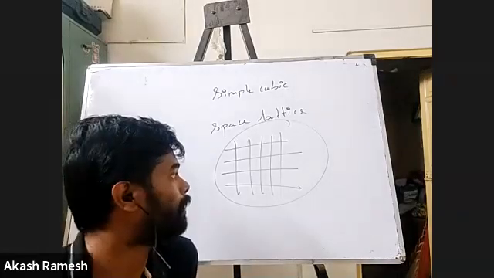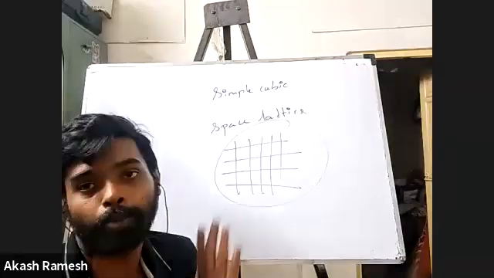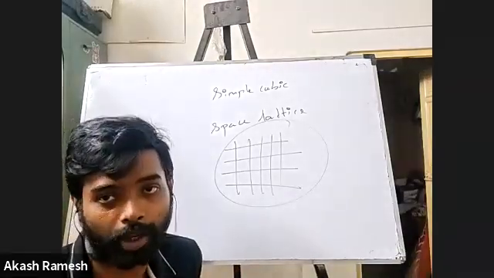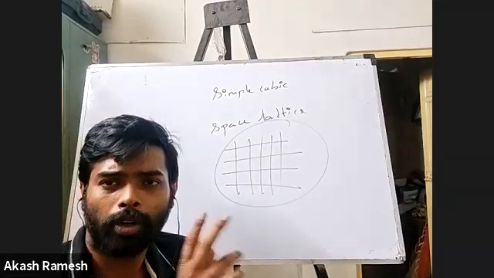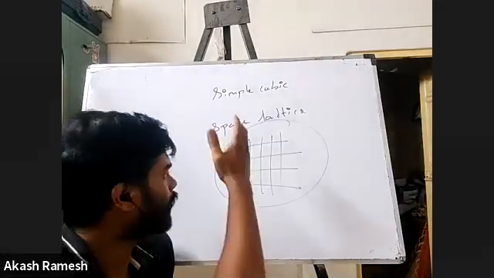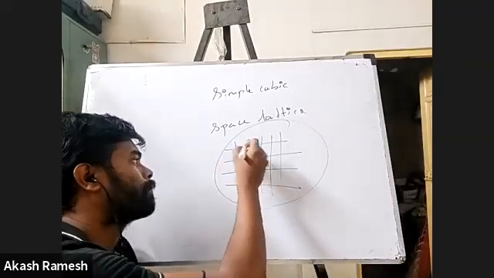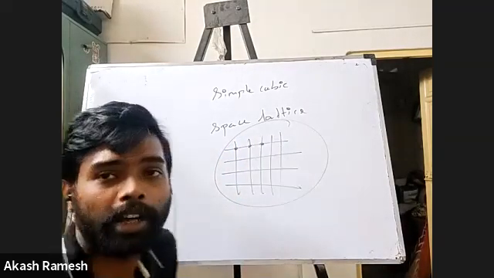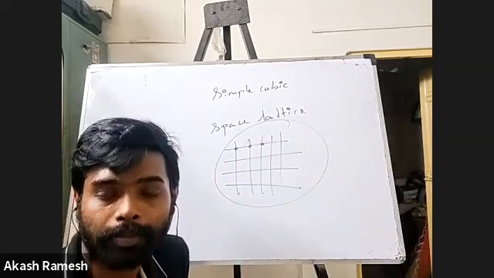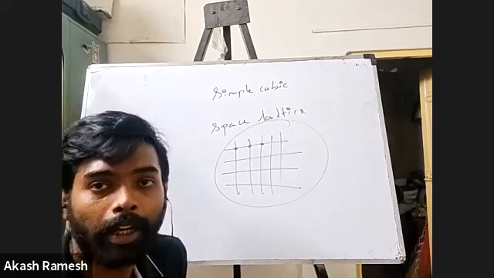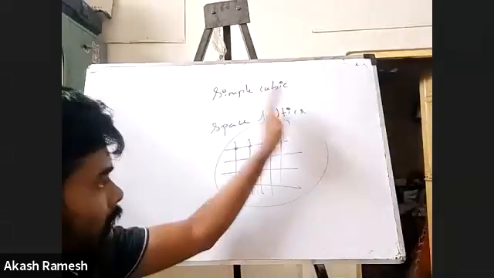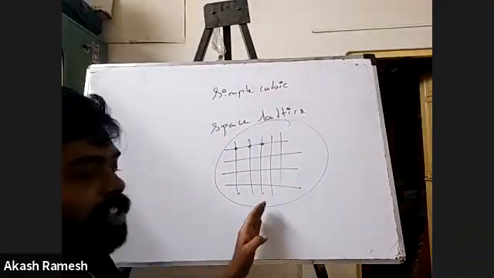Now how should you put the vertical and horizontal lines is the next question. When I put the horizontal and vertical lines, you will see there are going to be points where the horizontal and vertical lines meet. Before we move on, you have to understand that this entire thing is what is called a space lattice.